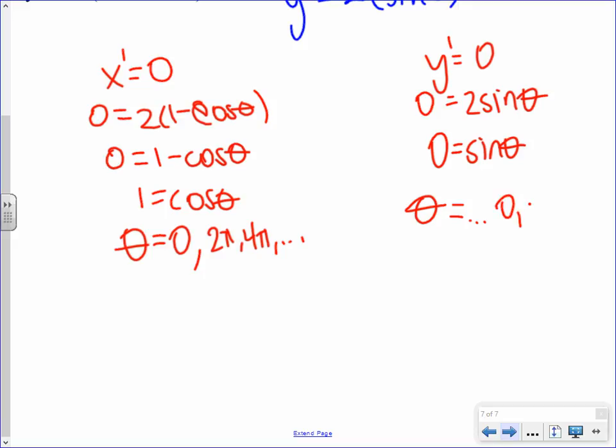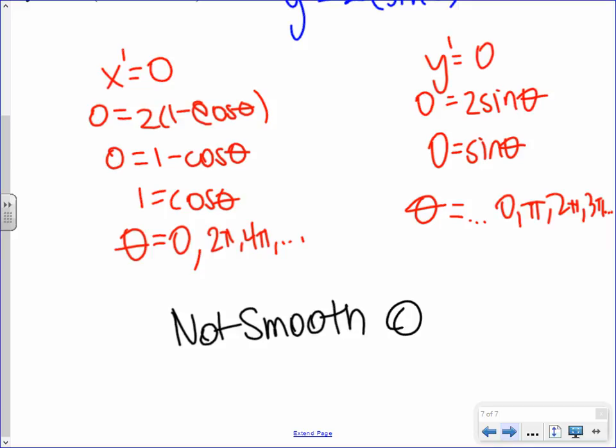0, pi, 2 pi, 3 pi, etc. So since these are both 0 at 0, 2 pi, 4 pi, and so on, this curve is not smooth anytime theta is a multiple of 2 pi.